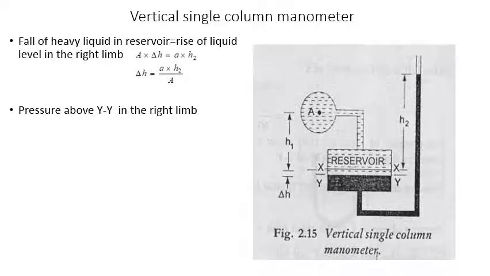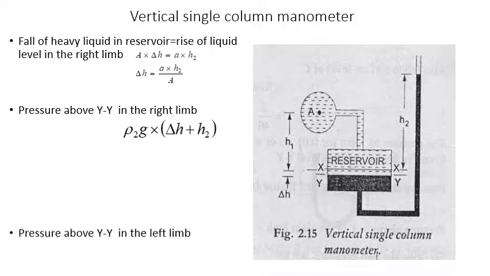Now the pressure above Y-Y datum line in the right limb: here the density of fluid 2, rho 2 into g, times the liquid level above Y-Y, which is delta h plus h2.